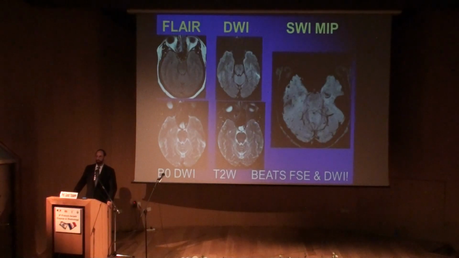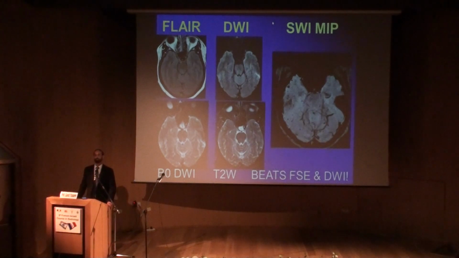As I said, when you have a typical pulse sequence in your brain protocol, you may have FLAIR, DWI, you may have the B0 of the DWI, and the T2 weighted scan. Remember that the fast spin echo pulse sequences are not very sensitive to blood products. The next most sensitive one that you might look at would be B0, because that at least is a gradient echo in most DWI sequences.